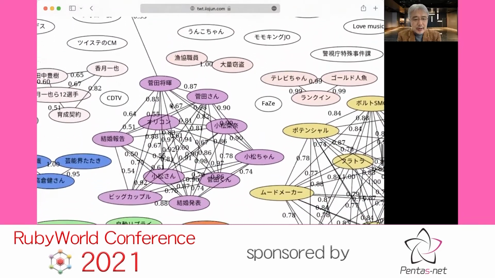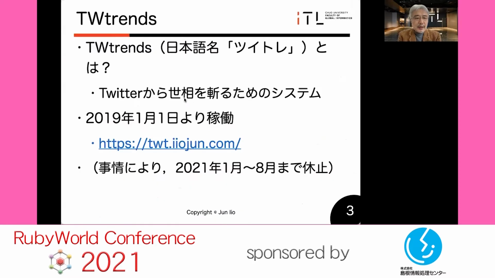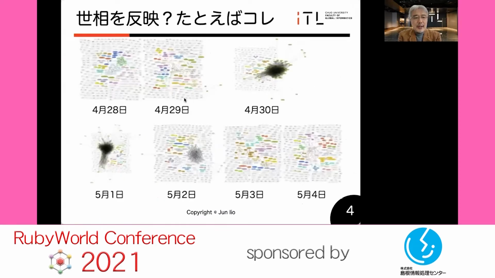And here, Tsuda Masaki and Komatsu Nana, they got married, and this is a big couple. So at a glance, you can see this cluster, or the collection of the topics related to one keyword. Going back to the text.